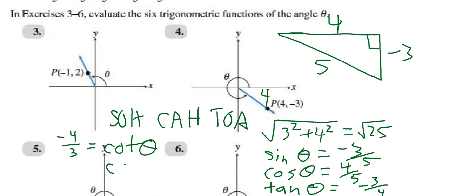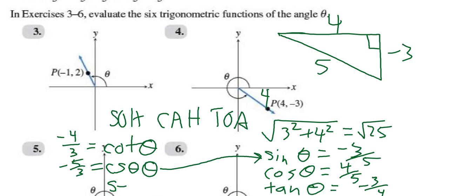How about the cosecant? Yes, -5/3. How did we get that? Reciprocal of the sine, right? Reciprocal of the sine. Cosecant. Remember we talked about how they went with opposite letters, right? CS.